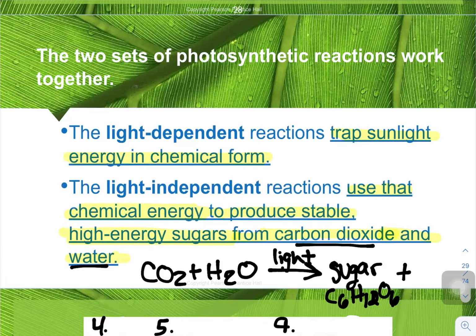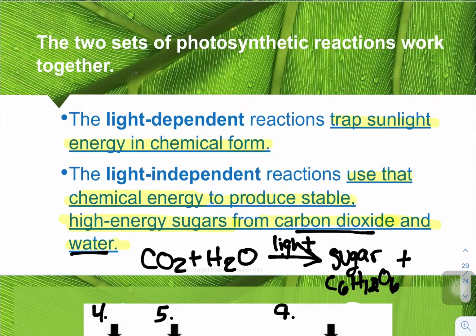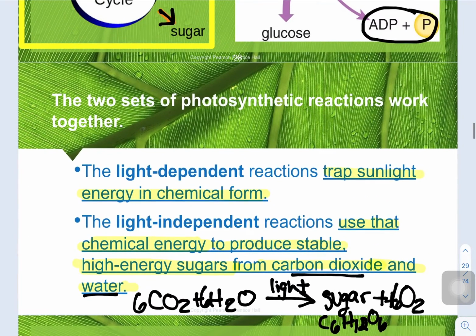And it wasn't written here on this page, but the byproduct of that release is oxygen. And then we should add our 6's to balance it out. And there's our equation. Told you we would see that again.